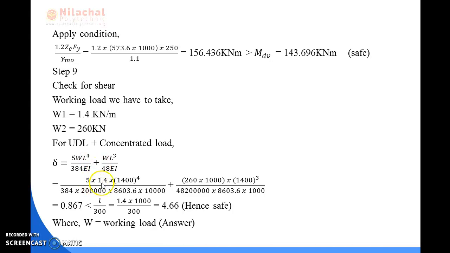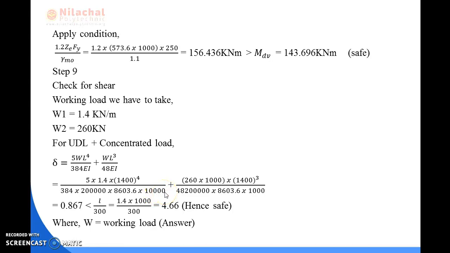So 5 into 1.4 into 1400, that is the span of the beam, to the power 4, divided by 384 EI. Young's modulus for the steel section is 2 into 10 to the power 5 Newton per mm square, and the I value for the suitable section is 8603.6 into 10000.